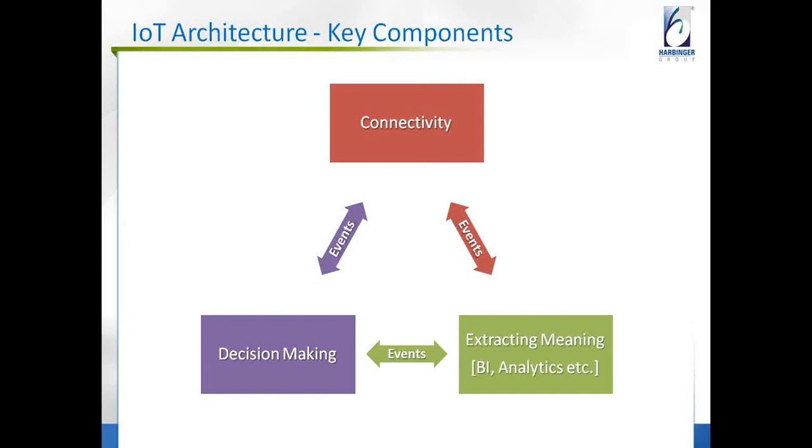So, like a device connecting to another device, sending data about certain events happening in the device to the other device, or vice versa, or a certain event getting propagated at the application layer where certain decisions are taken and propagated into the other application or into another device or the same device as a response to that event, or a BI or analytic building on top of the data collected so far.